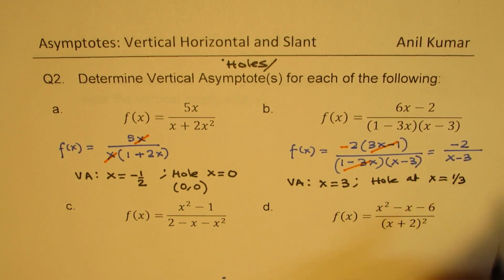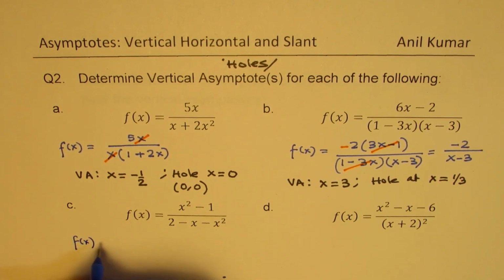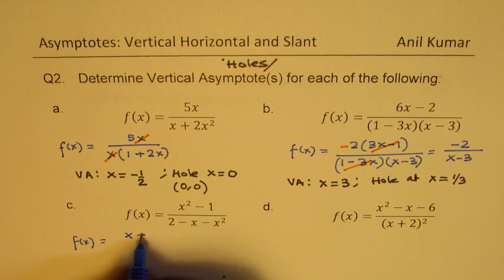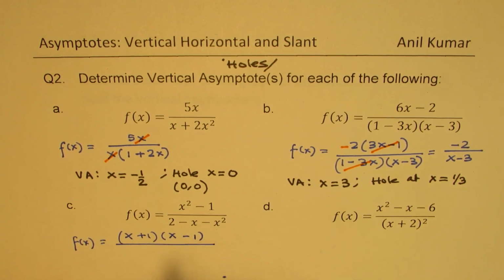Is that clear to you? So this is kind of important to understand when we are talking about vertical asymptotes. Many times that part is missed. Let's look into the next example. So we can again factor this. Numerator can be written as (x plus 1) times (x minus 1). Denominator, let's first write this as minus of (x squared plus x minus 2), right?